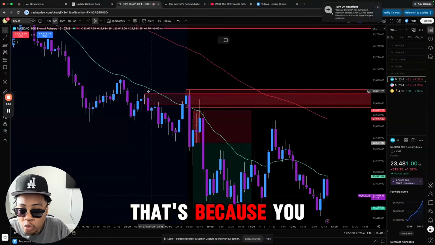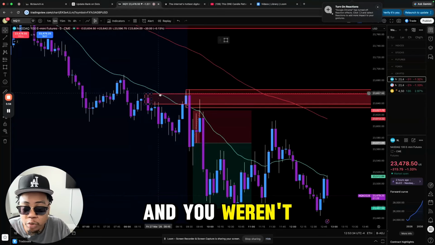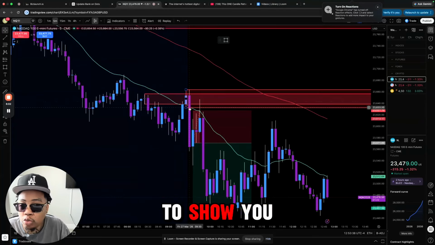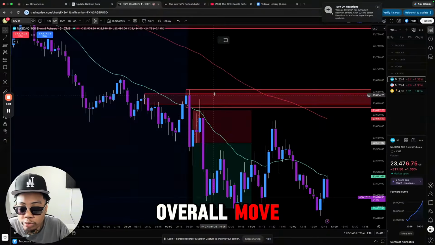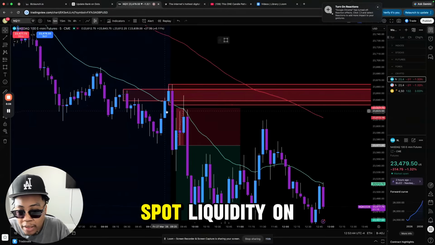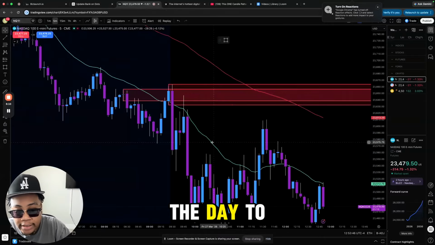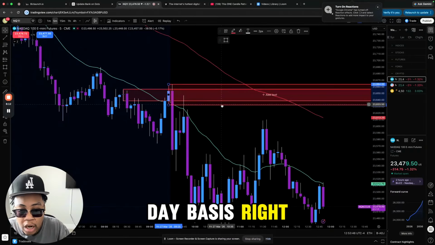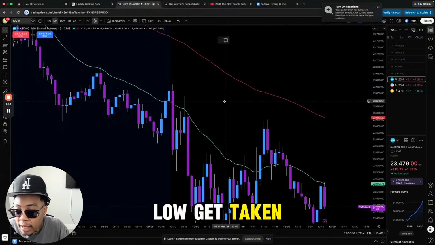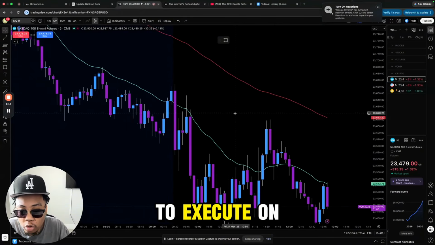That's because you were a part of liquidity and you wasn't patient enough to wait on this grab to show you the real true overall move. So this is how I spot liquidity on a day-to-day basis. I want to see some high or low get taken out before I'm ready to execute on my trade.